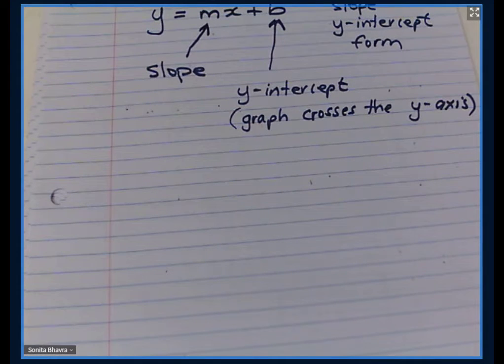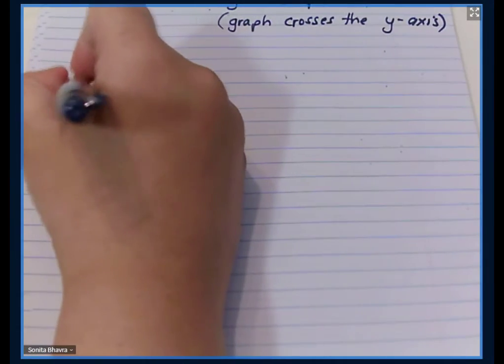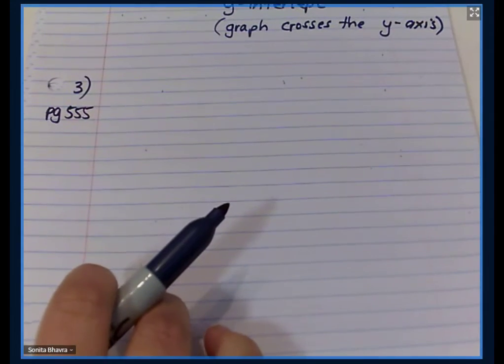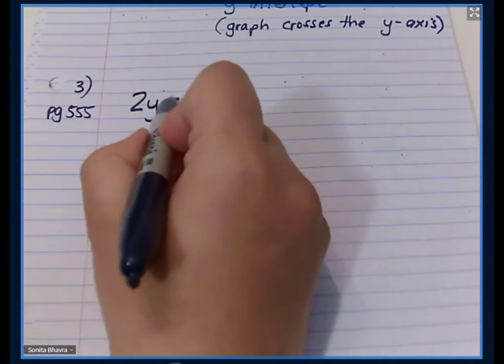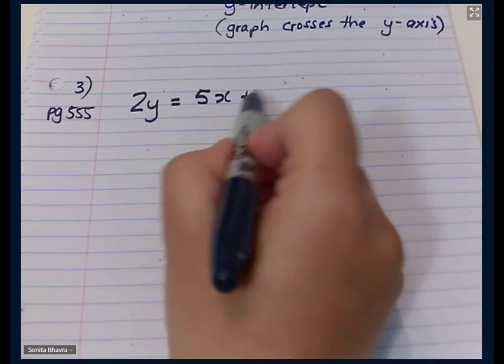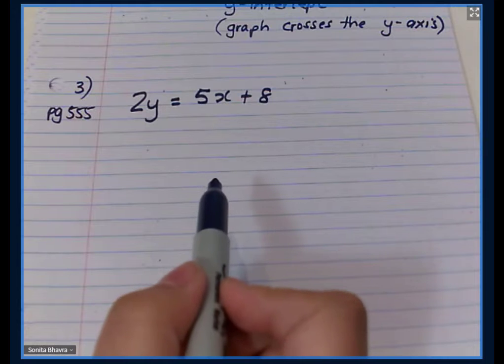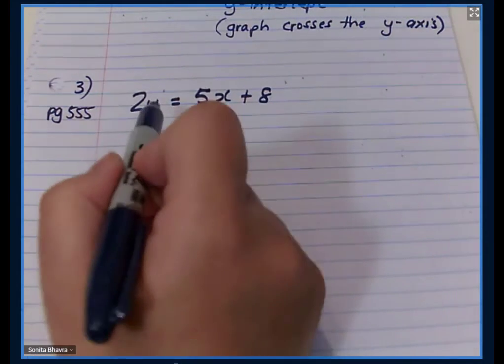So for this example, this was number 3 on page 555, the equation of our line was 2y equals 5x plus 8. This form is not in y equals mx plus b form. So what we have to do is divide both sides by 2.